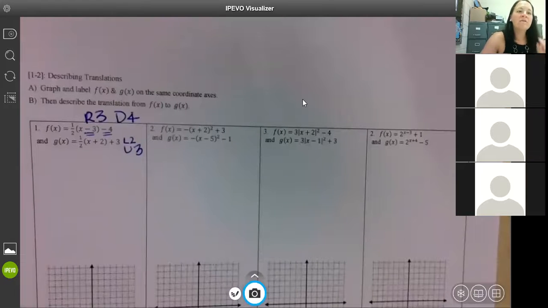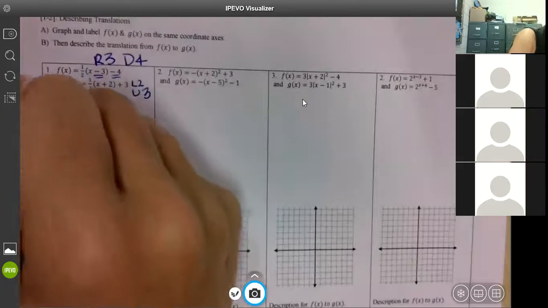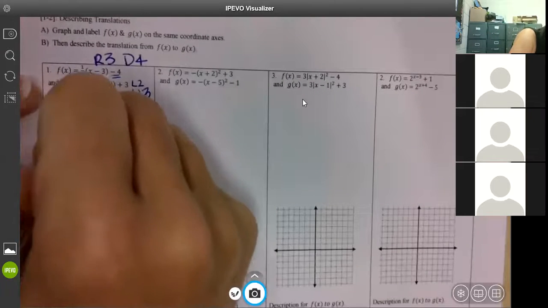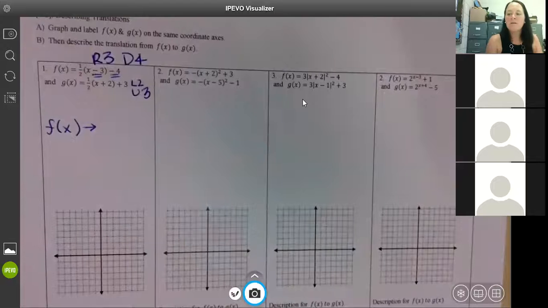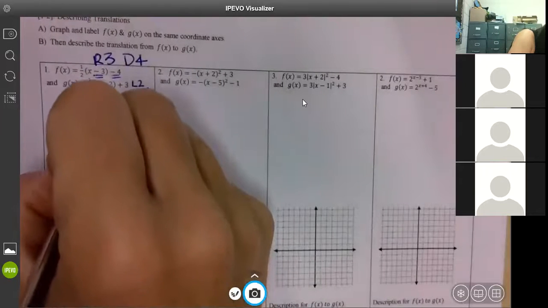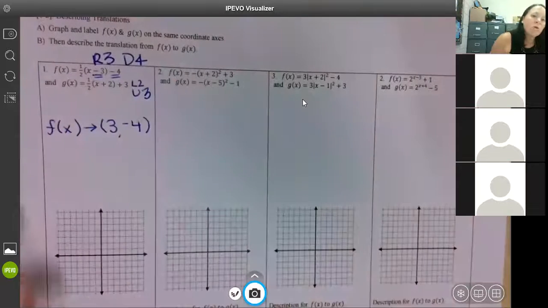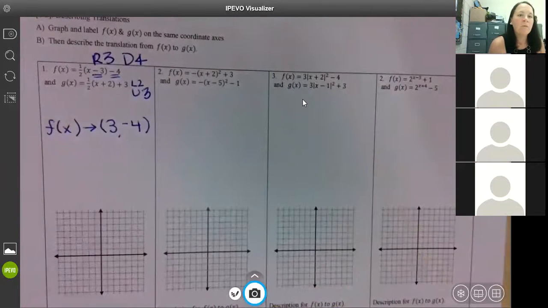Now what they want to do is describe the translation from f of x to g of x. This is how I teach this. On f of x, you said we went right 3, which is a positive 3, and down 4, which is a negative 4.